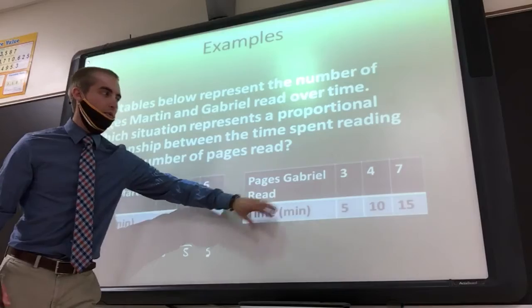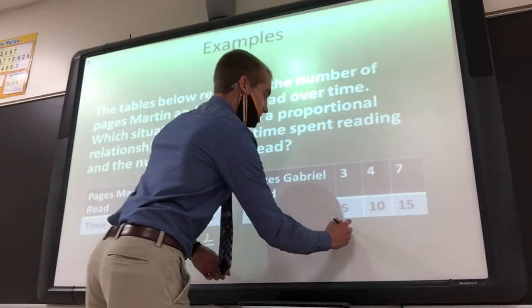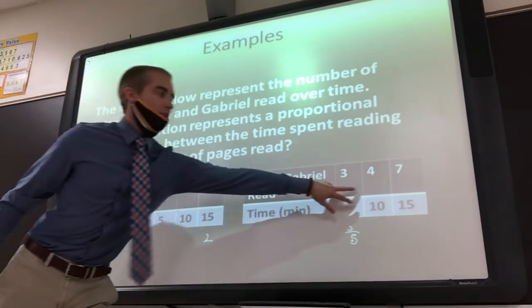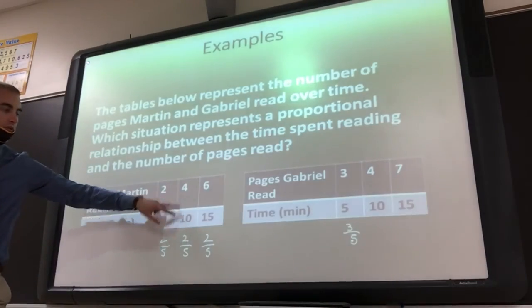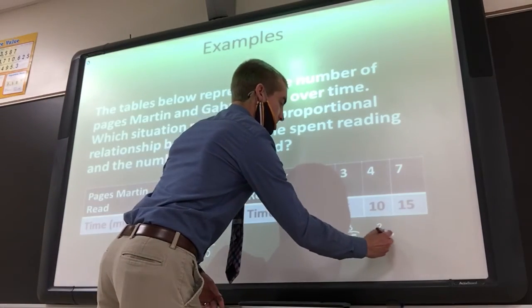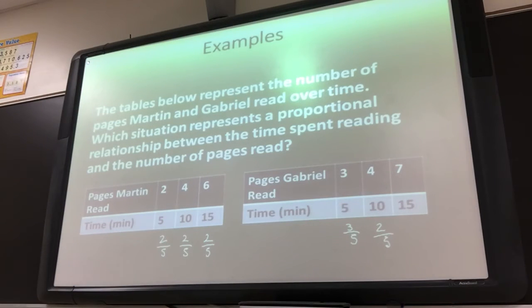Let's look at Gabriel's and just make sure that it's not proportional. So we've got 3 over 5 here. And then 4 over 10, we actually already simplified it. 4 over 10 is 2/5, so that doesn't work. So since already we've got 3 over 5 and 2 over 5, not going to be the same thing. We know that the number of pages Martin read is proportional. So you can circle it.